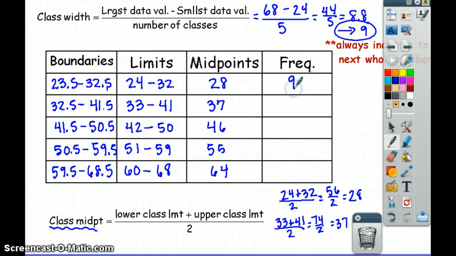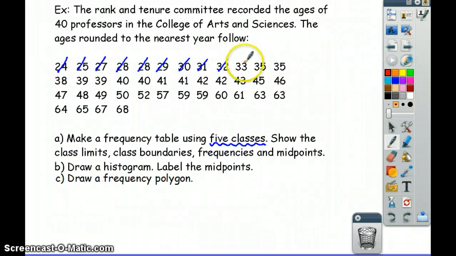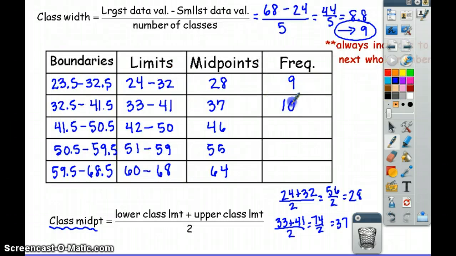So my frequency is 9. Now I want all the professors whose ages are from 33 to 41. 1, 2, 3, 4, 5, 6, 7, 8, 9, 10 this time. So I have 10 professors in that age range.